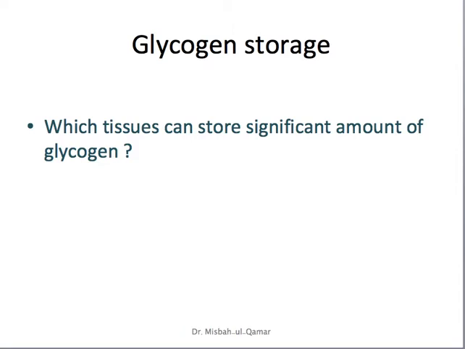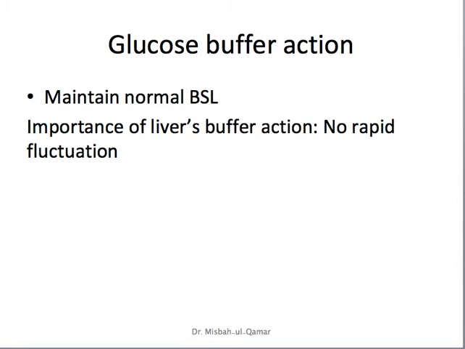And only liver and muscle can store significant amounts of glycogen. Glycogen storage allows our liver to perform its glucose buffer action, which removes excess glucose from blood and thus maintains a normal blood glucose concentration, and also returns it when the blood levels fall.